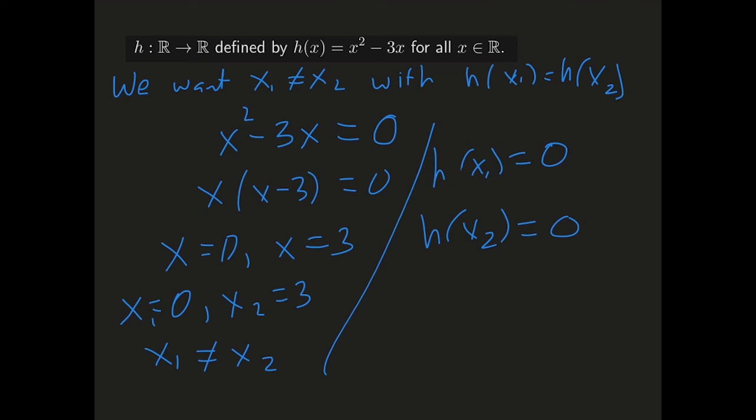Well, we found two numbers that are not equal, but their images are equal. So that tells us that h, a function from R to R, is not an injection.